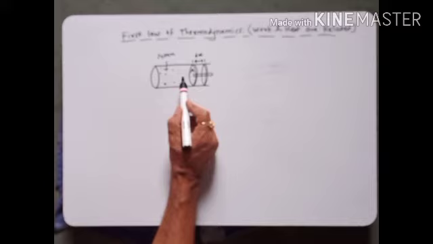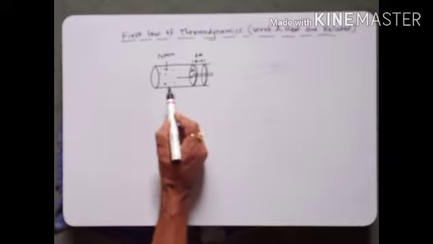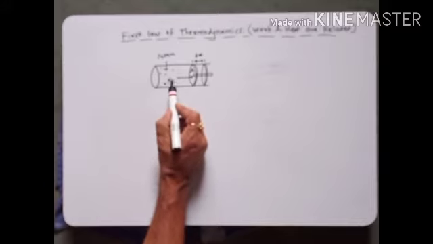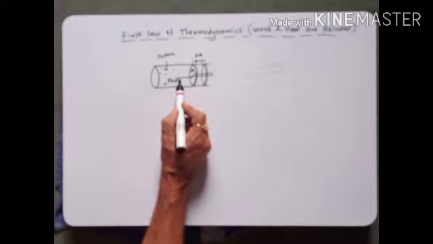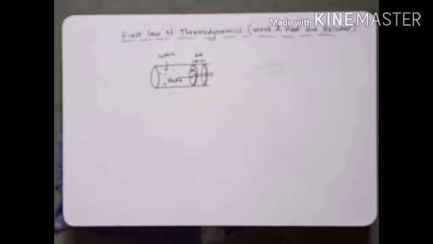Suppose F is the force exerted by gas on the piston. Then F is equal to P into A, where P is pressure and A is the area of cross section.